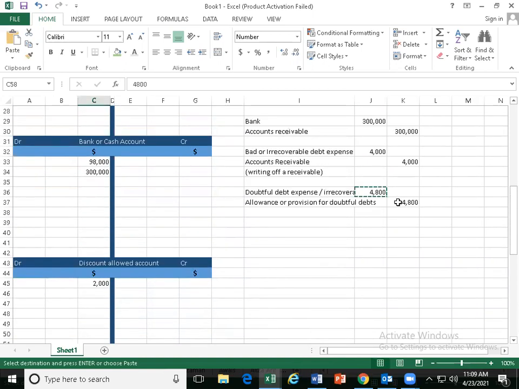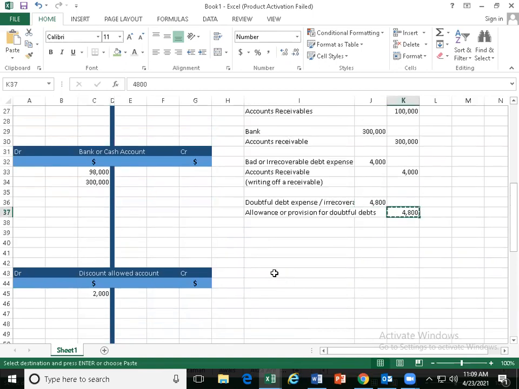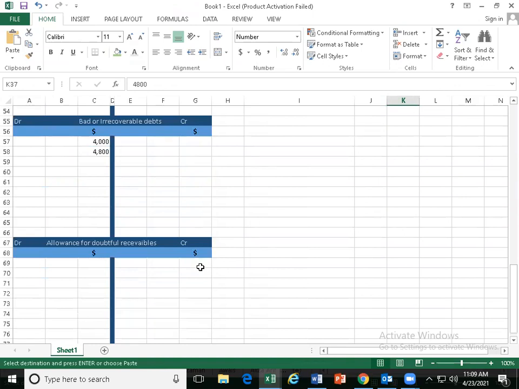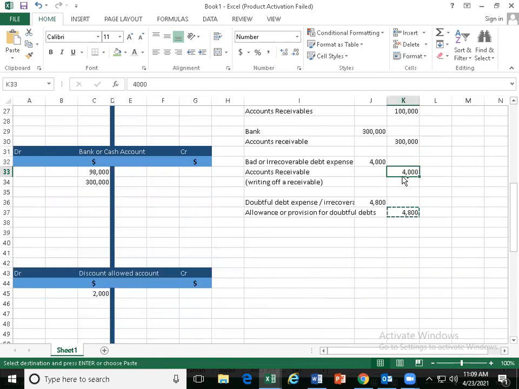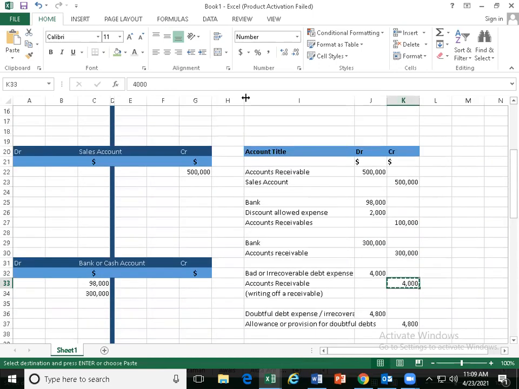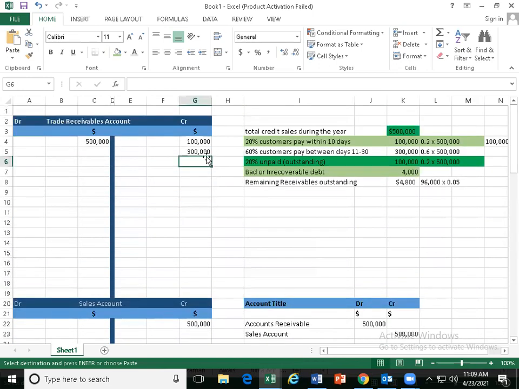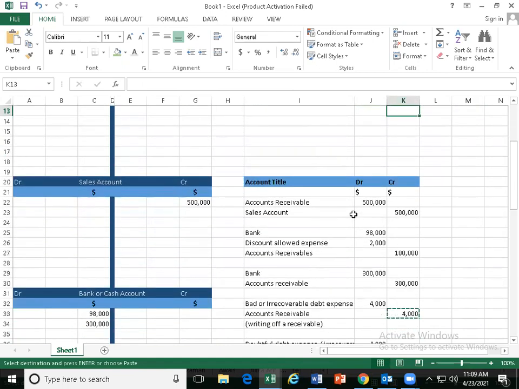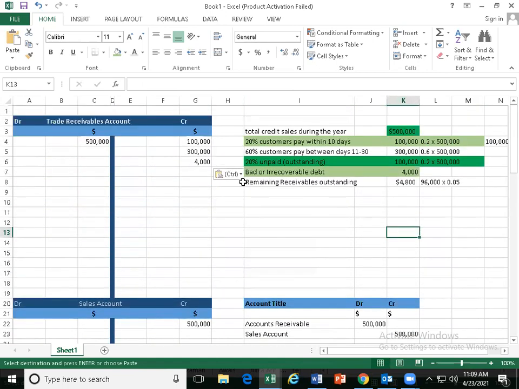Okay. And the credit goes to the provision or allowance for doubtful debts. Sorry, one transaction I think has gone missing from me. This 4,000, which we wrote off, goes in there. I think all transactions have been recorded. All right. If I haven't recorded anything because I'm doing it so quick, you can work it out.